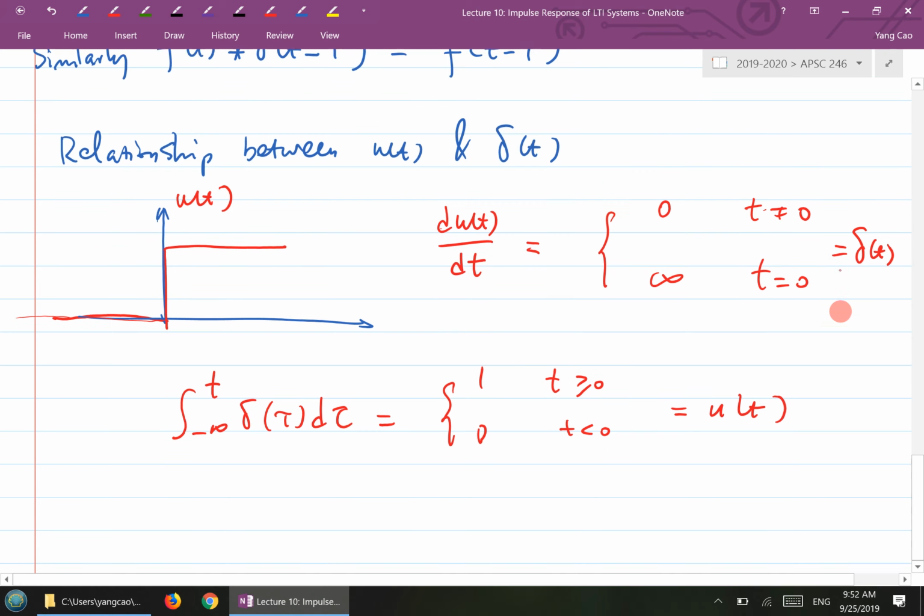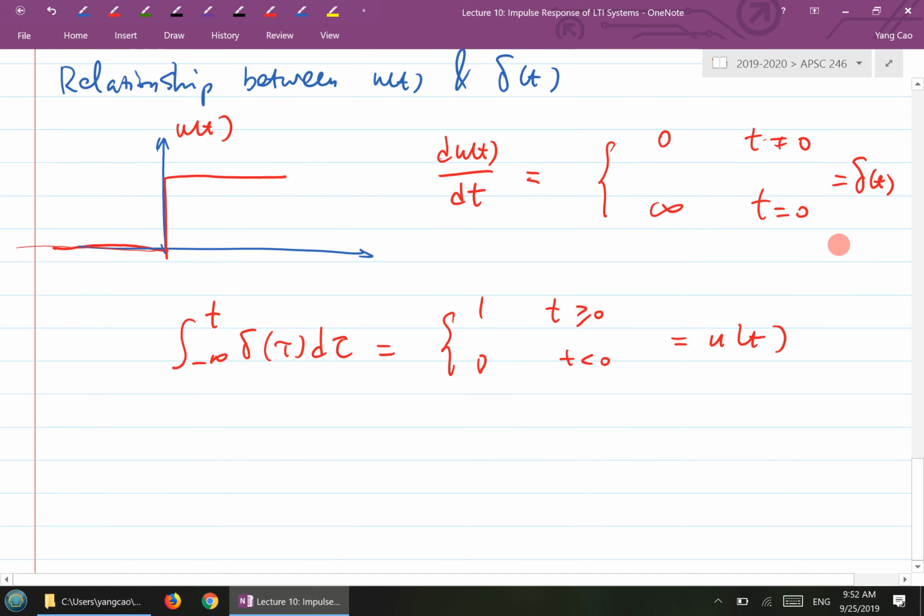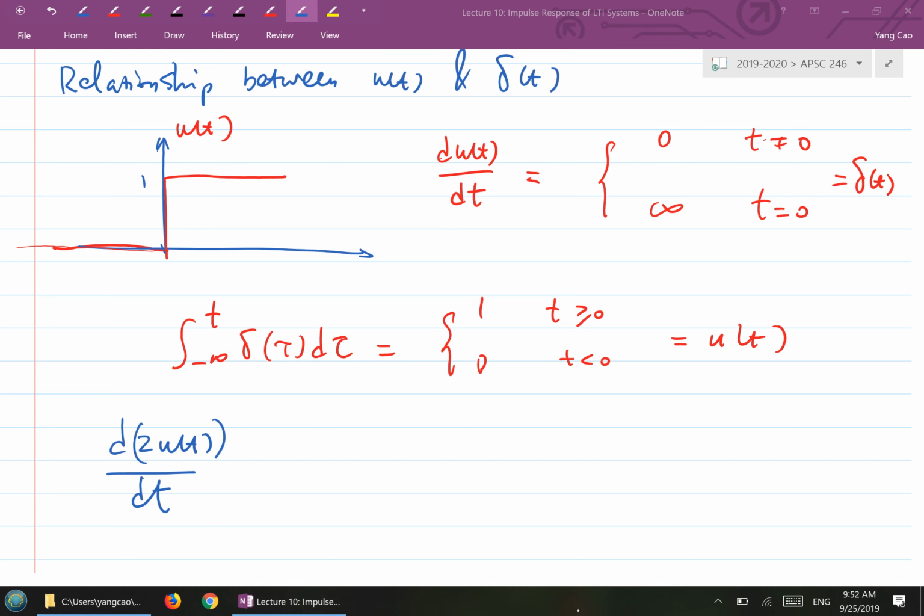Now if we understand this, let's take the derivative of 2u of t over dt. Basically, instead of 1, it goes up one more notch, up to 2. So you take the derivative d of 2u of t over dt.